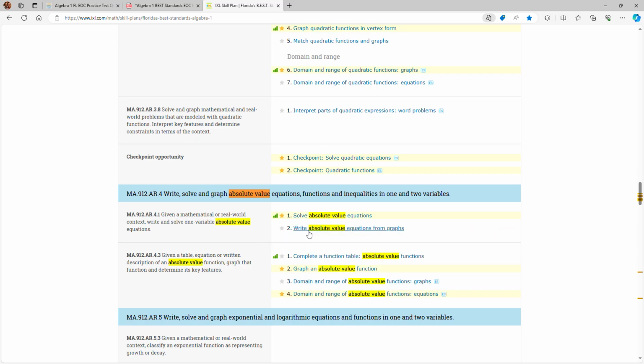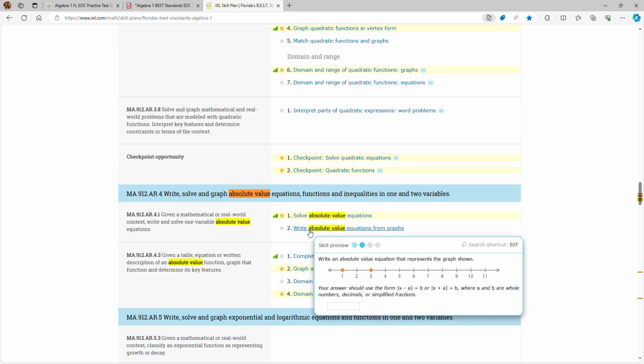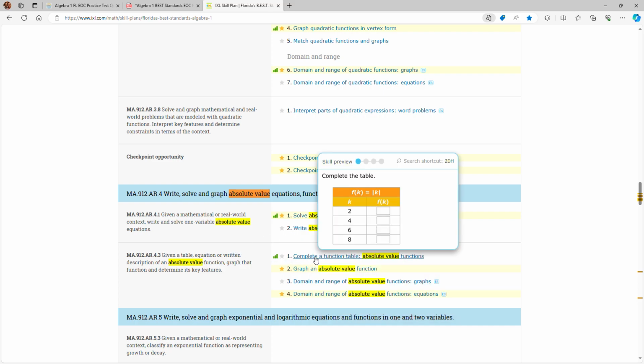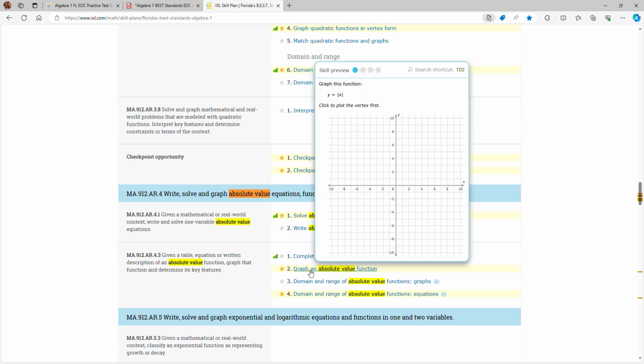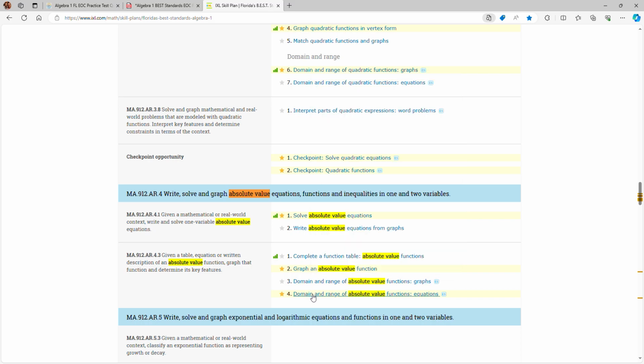Write absolute value equations from graphs, BXF. Complete a function table, absolute value functions, absolute value, and is there anything else besides this little section right here?